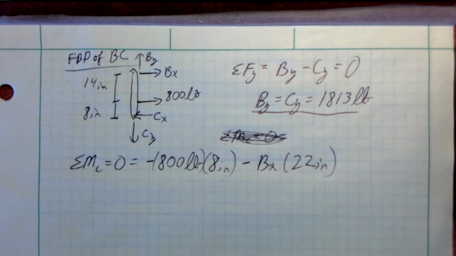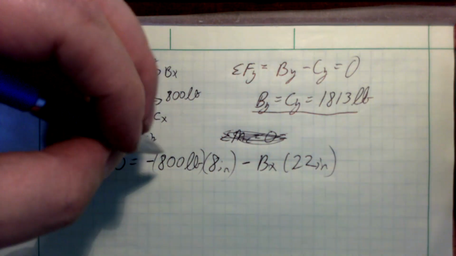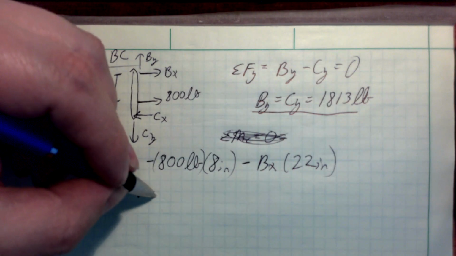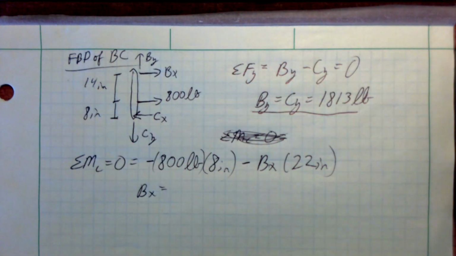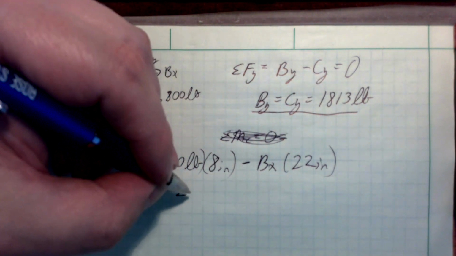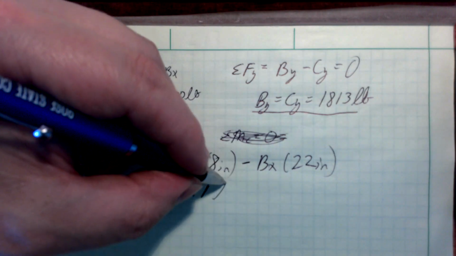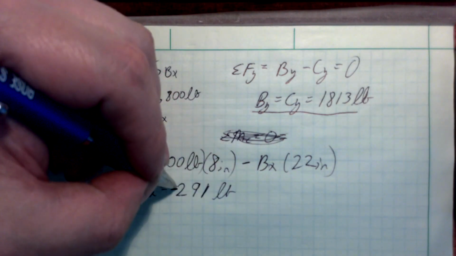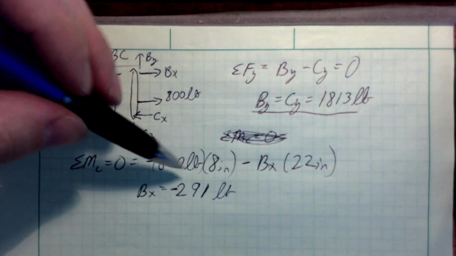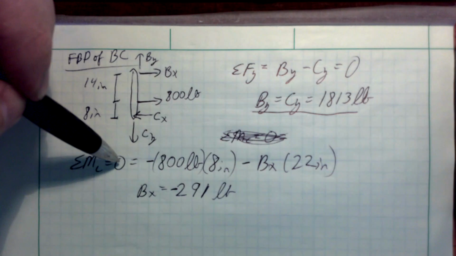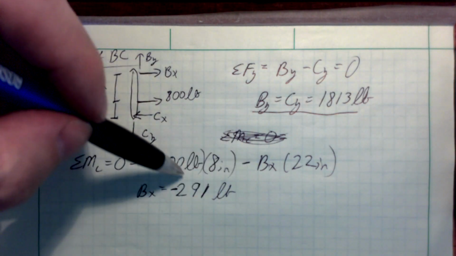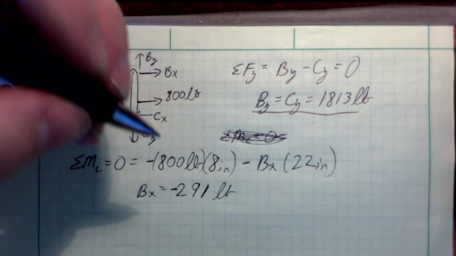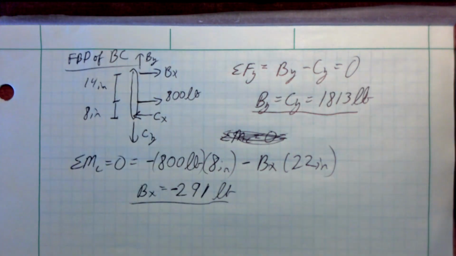So I've written here, tell me if you're getting something different down in the comments, that BX is about 291 pounds, and that's negative. I apologize. That is negative. It picks up a negative sign because, if I add this over to the 0 side, then divide by 22, this is the value that I have written down as the answer.